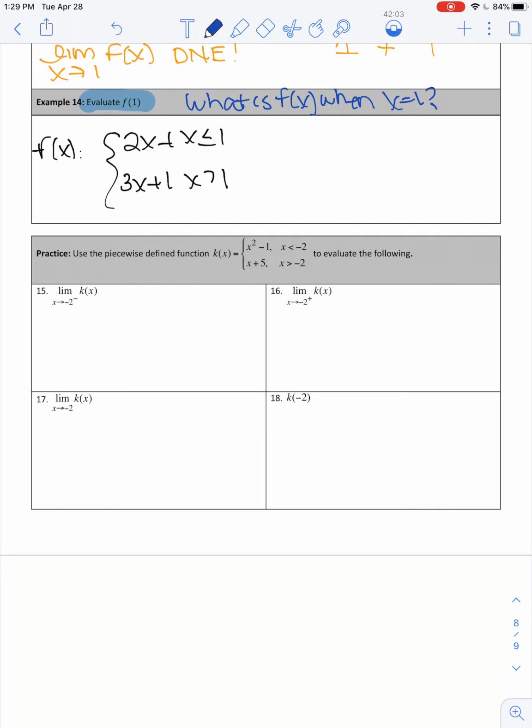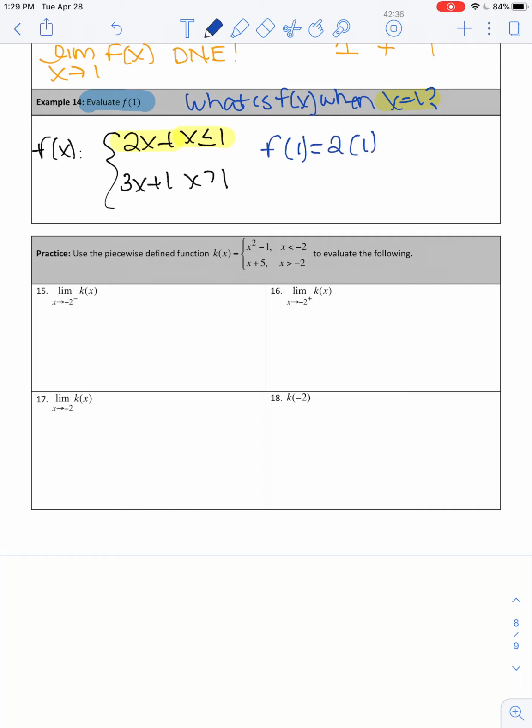when x equals 1. So in order to do that, we need to figure out where x equals 1 is supported in our domain. So we can see x equals 1 is included in this first line. So at x equals 1, our function is behaving following the linear equation 2x minus 1. So in order to do this evaluation, we're going to take 1 and plug it in to the component 2x minus 1.